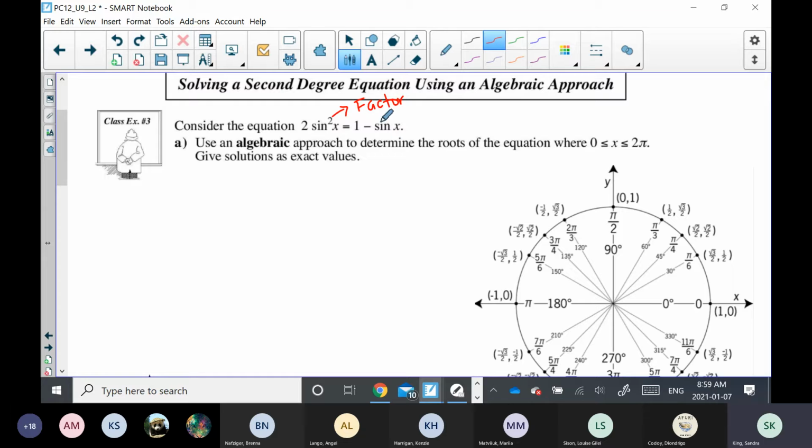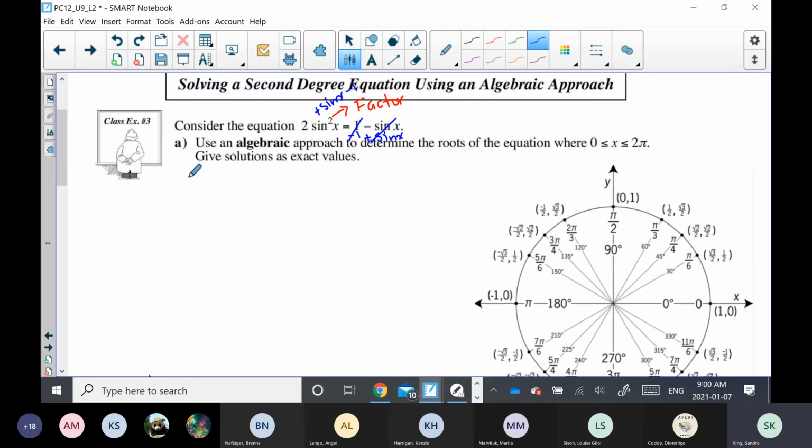When you factor, everything needs to go to one side of the equal sign, and you always bring everything over. We want whatever our sine squared is to be positive. So I'm going to bring this and this to the left-hand side. I'm going to get rid of this negative sine of x by adding sine of x to both sides, and I'm going to get rid of this 1 by subtracting 1 from both sides.